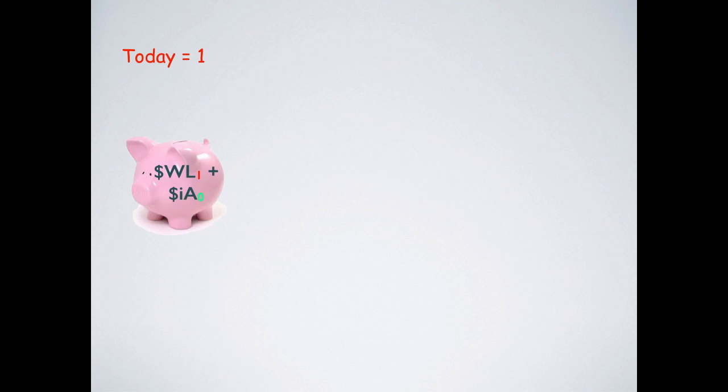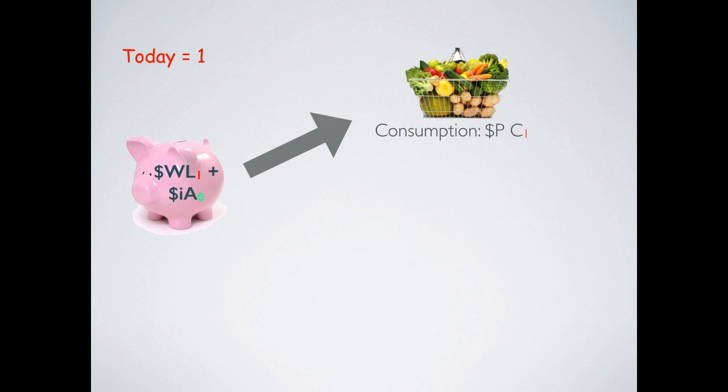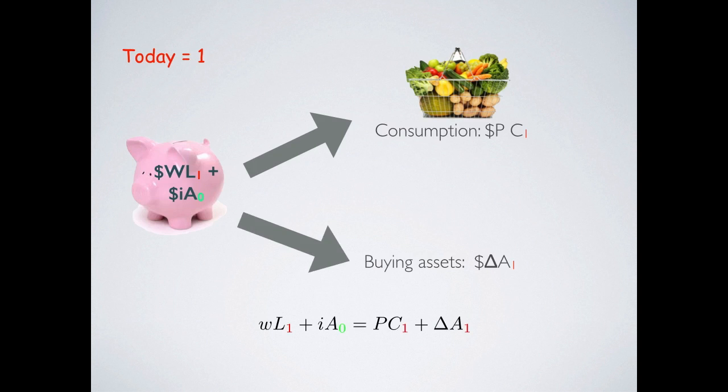For today, we use notation 1, and we already know how to denote the income inflow for today as what we show on the slide for the piggy money. And we know that for today, the way you can use this income source is to either consume it or to save it. Then we can formulate the one-period household budget constraint.